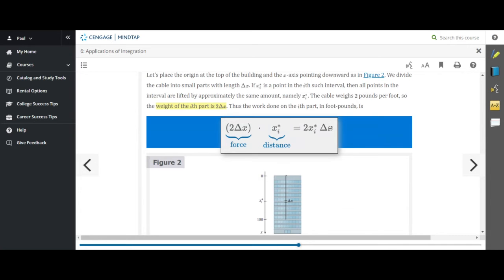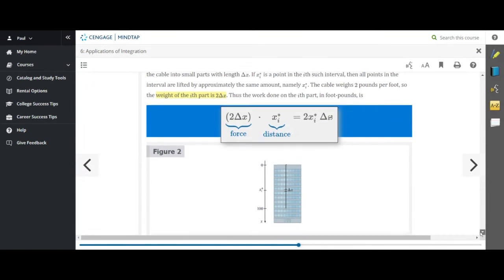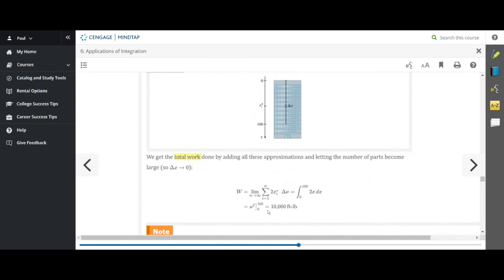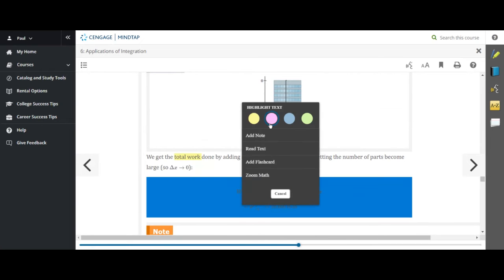So to find the work needed to bring the entire 100 feet of cable to the top of the building, let me just highlight it.